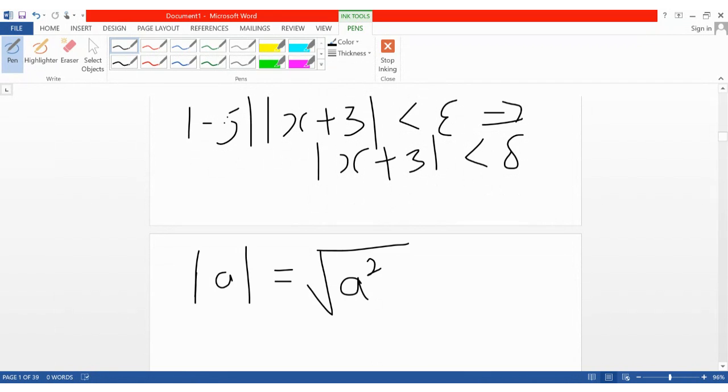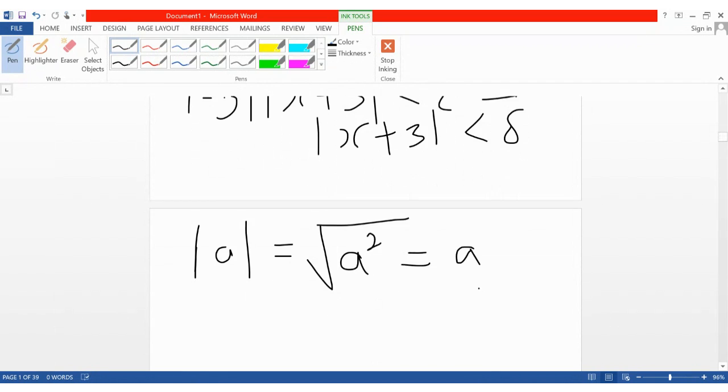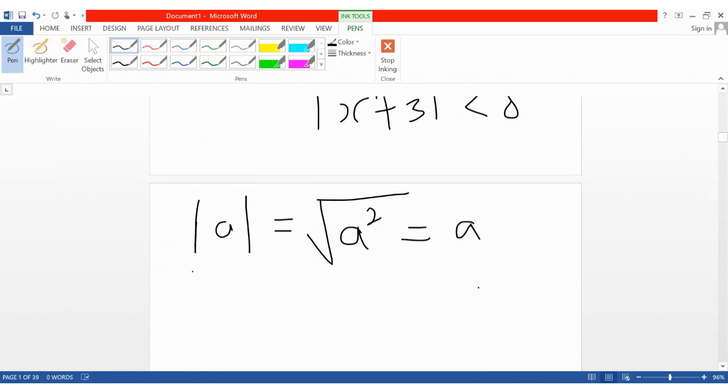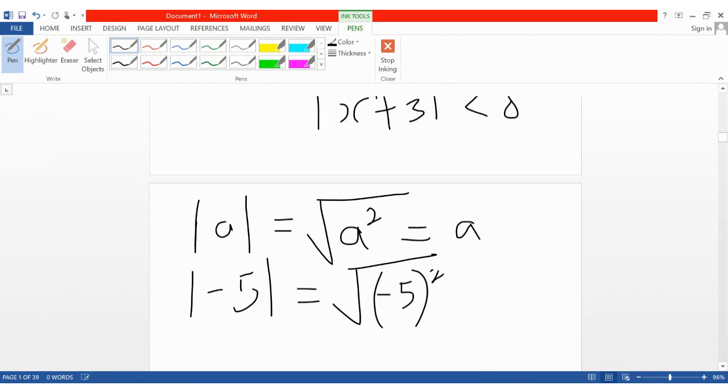It is given by the square root of negative 5 squared, the same as the square root of 25. On the magnitude, we don't take the negative answer, so it is 5.